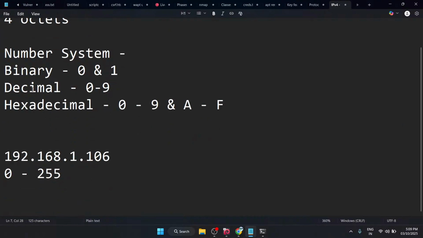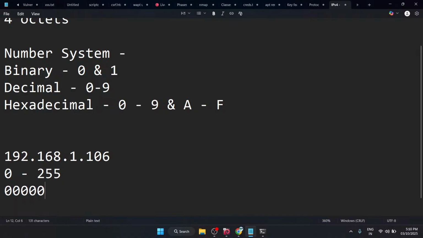Our IPv4 address is written in decimal numbers. Here you can see the digits are only 1, 9, 2, 1, 6, 8. These are all decimal numbers. If we write these numbers in binary, it will look something like 0101. If I want to convert 0 into binary, I can write it as 8 times 0.